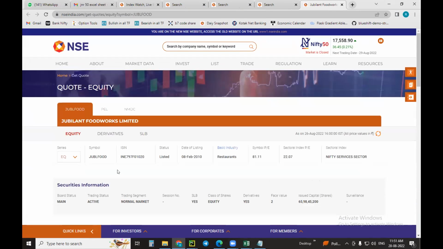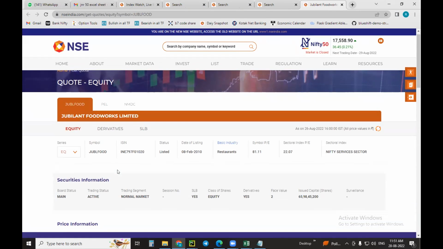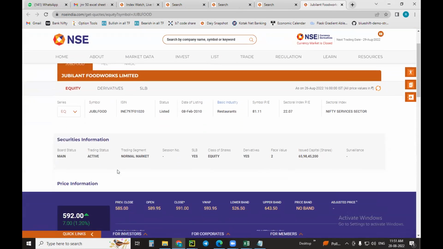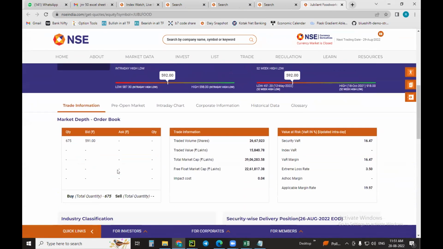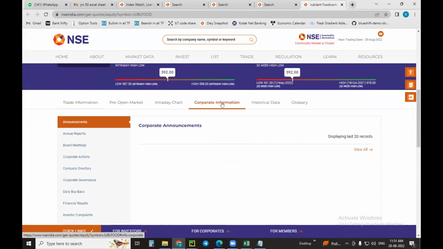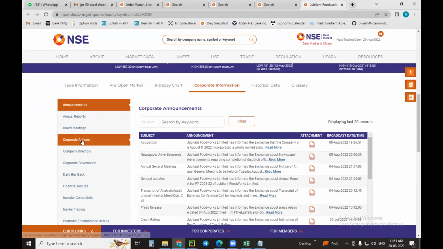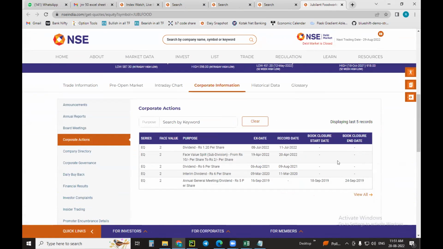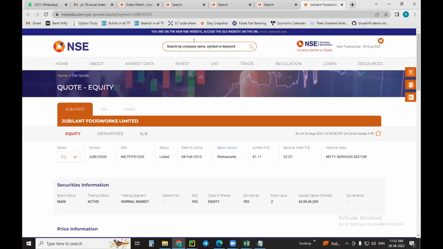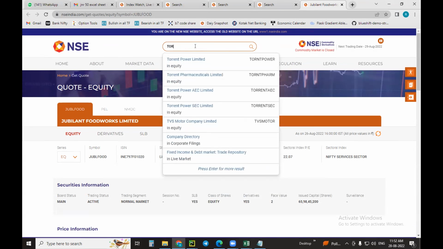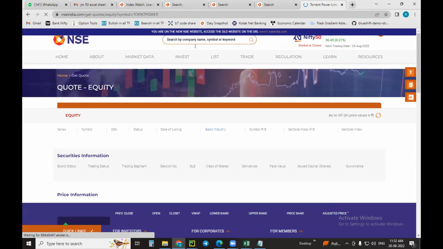One is to 5. It will be in the corporate information and corporate actions. Come down, I'll tell you. Left side, corporate actions. So 10:2. And the Torrent Pharma is 1:1, I think. Let's check. Not Power, Pharma.